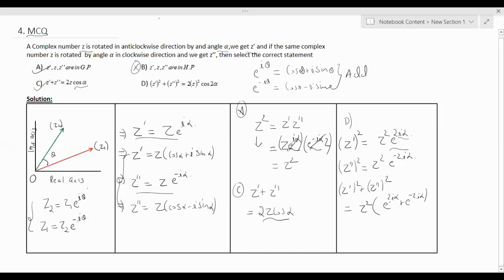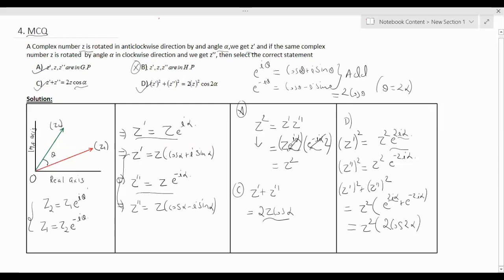Putting theta equals 2 alpha, you will have 2 times cos 2 alpha. If you observe option D, it is coming out to be the same. I hope you understand the problem.